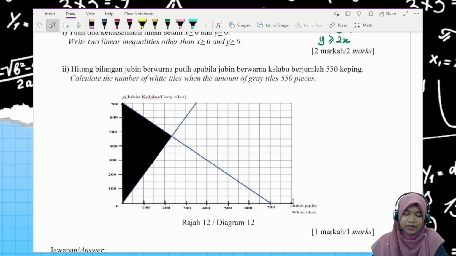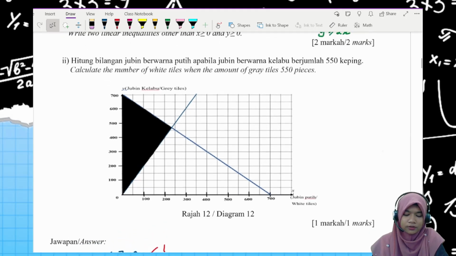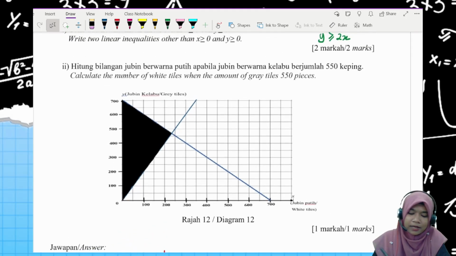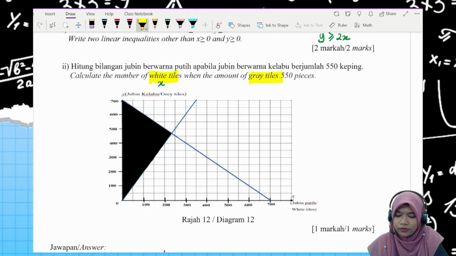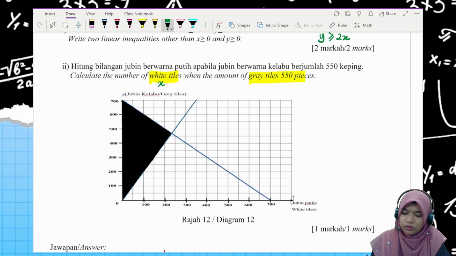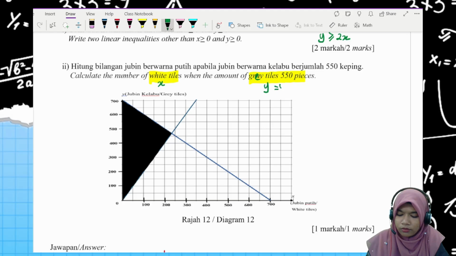Then the second question: calculate the number of white tiles. It asks about white, white is x, when the amount of grey tiles is 550 pieces. So now y, grey, equals 550 pieces.